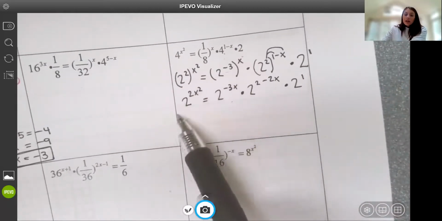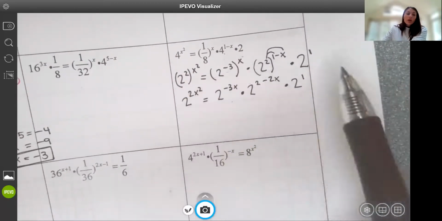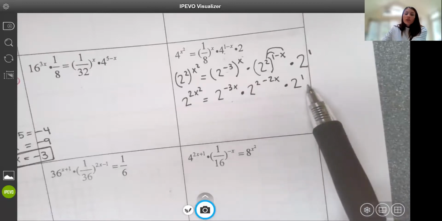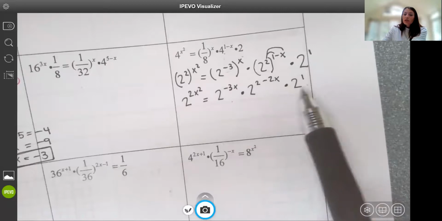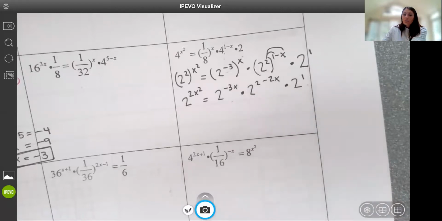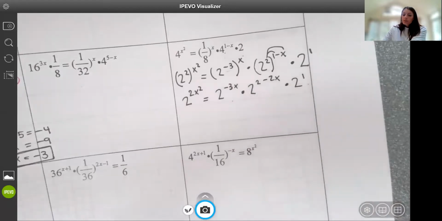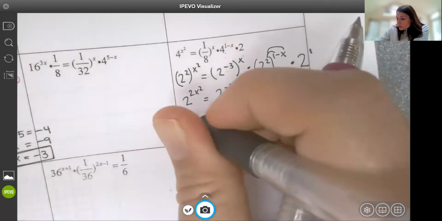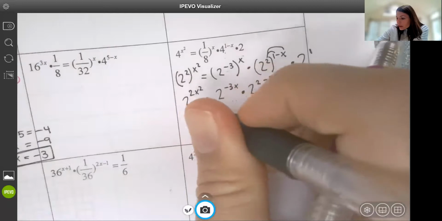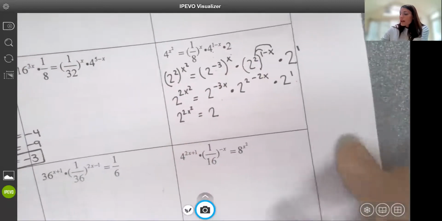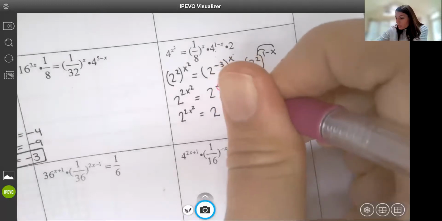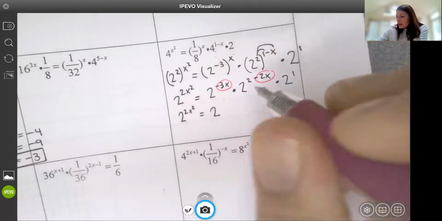Now on the left-hand side, I have it down to a single term, but on the right-hand side, I have 3 terms here. And we know that the properties of exponents tell us that when we have multiplication of the same bases, we can add up our exponents. So I'm just going to combine like terms. I'll still have 2 to the 2x squared over here. And on this side, I'll have 2 to the, in terms of x's, if I'm adding up like terms, I have -3x and -2x.